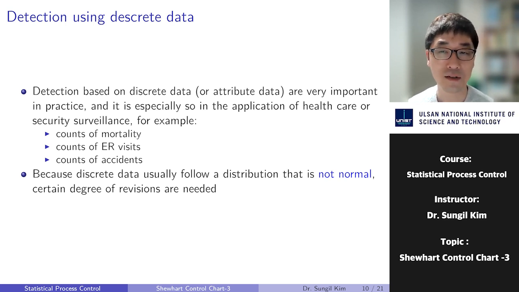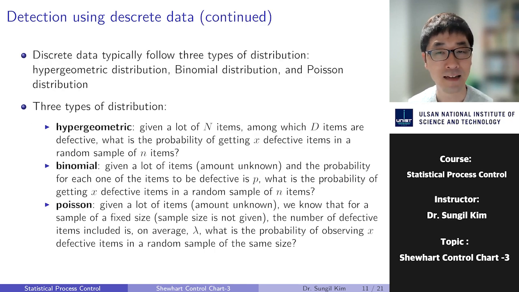However, the control chart we have learned is not applicable to attribute data, mainly because attribute data do not follow normal distribution. Discrete data typically follow three types of distribution: hypergeometric distribution, binomial distribution, and Poisson distribution.